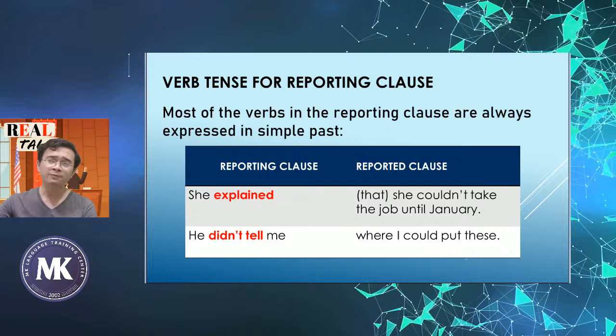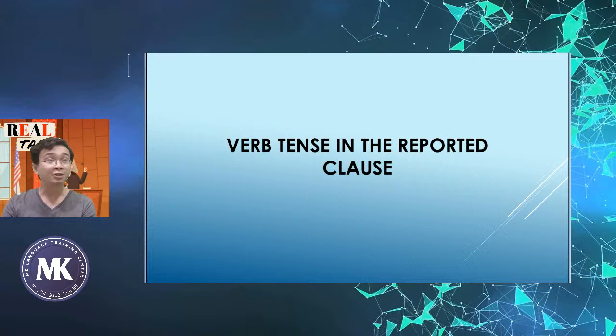How about the verbs in the reported clause? In this part, it becomes more confusing. The verb tenses in the reported clauses are sometimes different from one another, and the tenses commonly depend on the verb in the direct speech. We will dwell on it more as we continue our lesson.